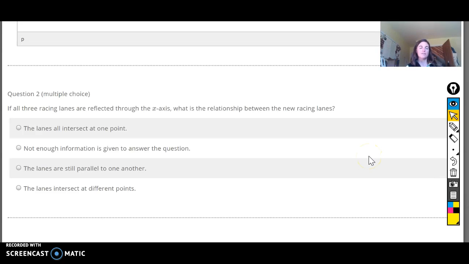Second question, if all 3 racing lanes are reflected through the x-axis, what is the relationship between the new racing lanes?